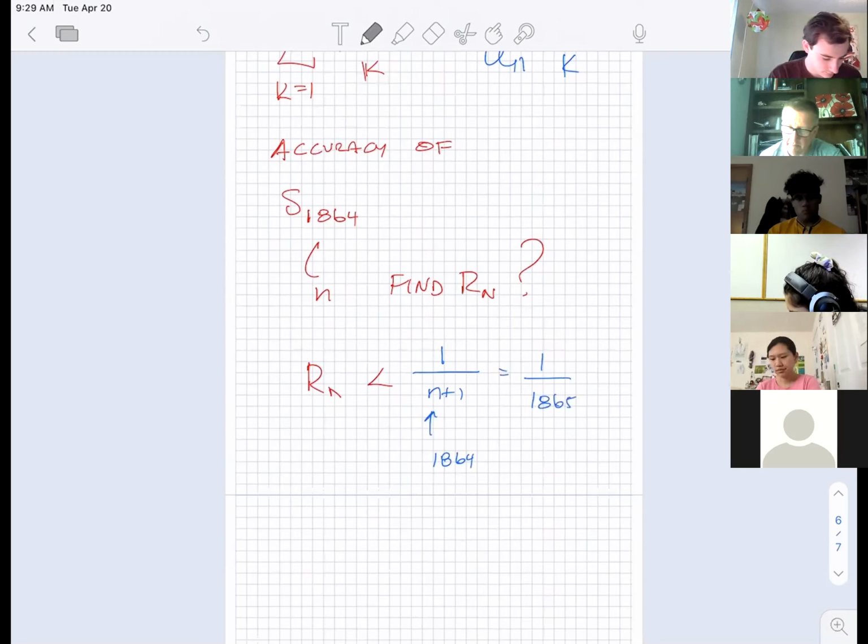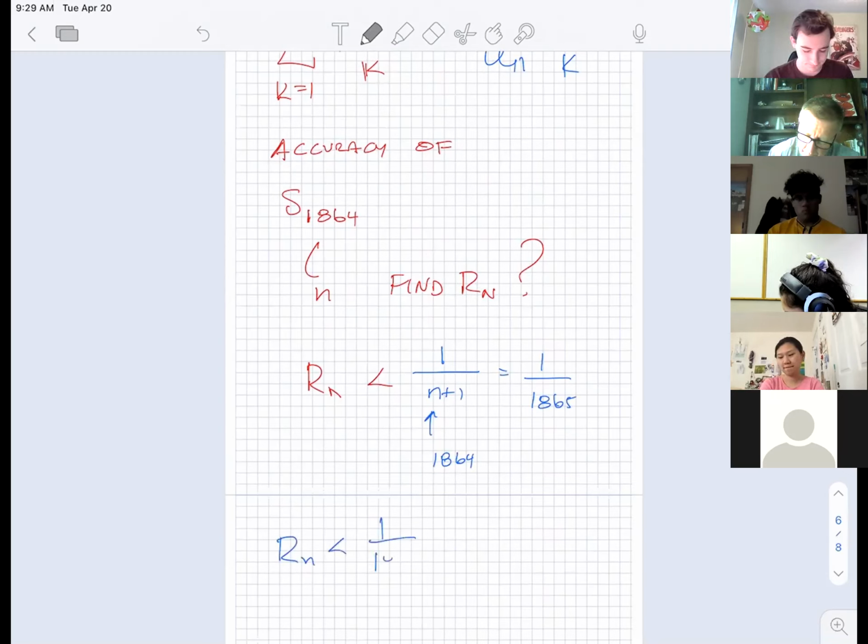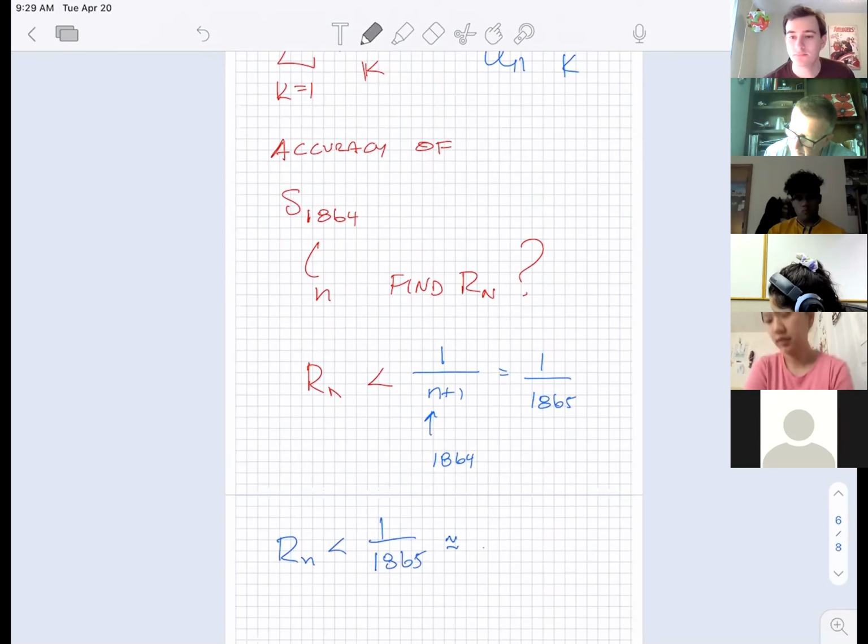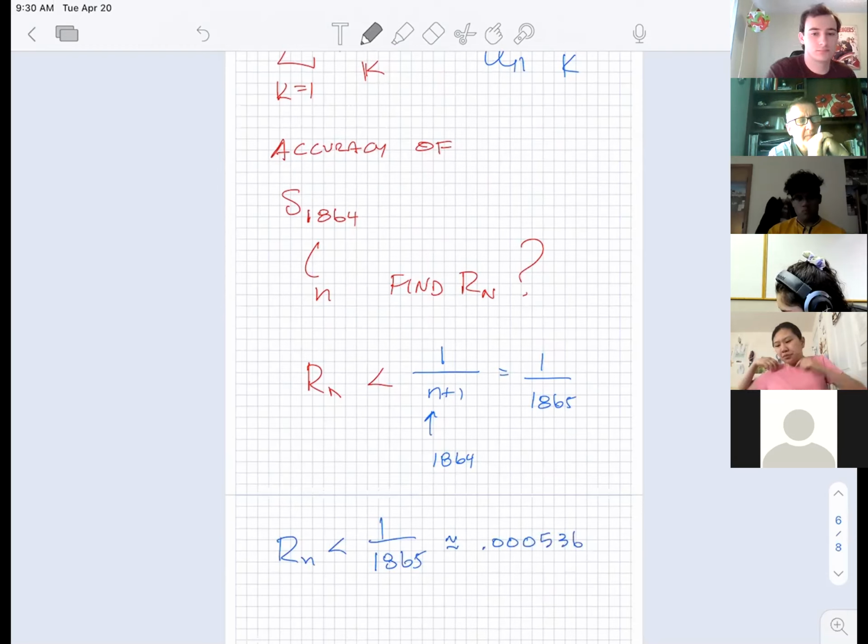I asked myself. It says it is approximately 5 times 10 to the -4th power. So that's 0.000536. In other words, that's how accurate our answer was.